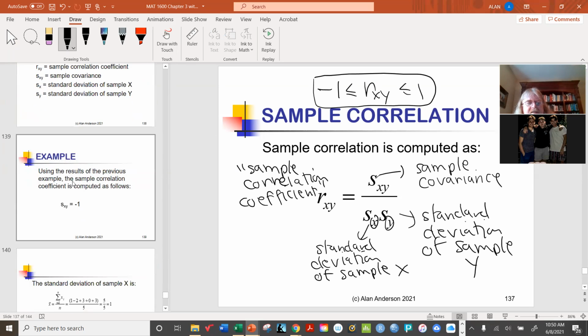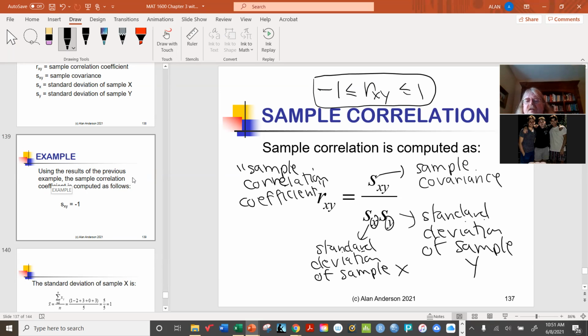All right. So now what we're going to do here is go back and revisit that last example we had. We had the two samples and we went through all the steps to discover that the sample covariance was -1. And we recognize, well, yes, that's certainly a negative relationship, but we don't know how strong. So now's our chance to find out how strong this relationship is.